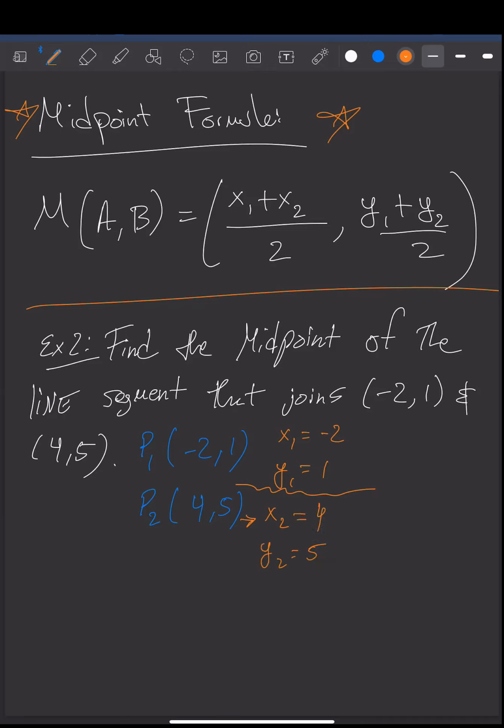So we're going to be using the midpoint formula again. So when we do that, M from point 1 to point 2 equals x1, which is -2, plus x2, which was 4, all over 2, comma, y1, which was 1, plus y2, which was 5, all over 2.